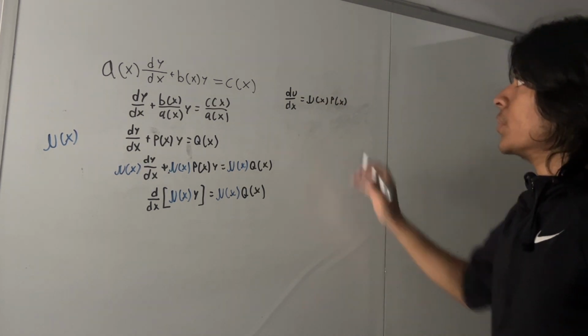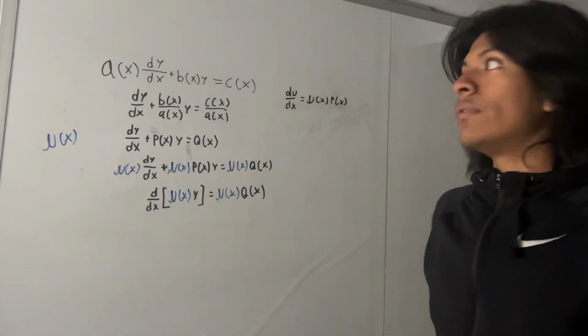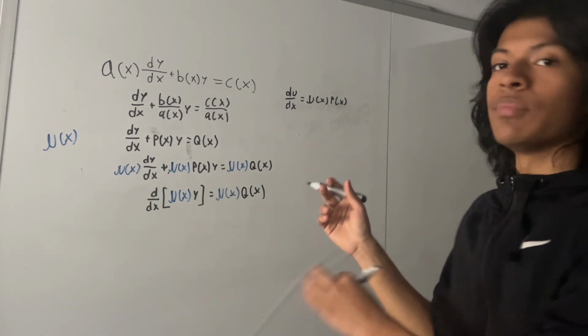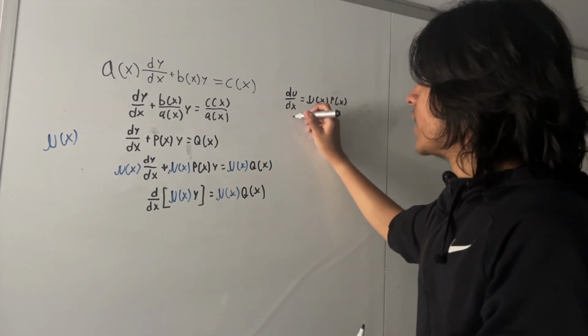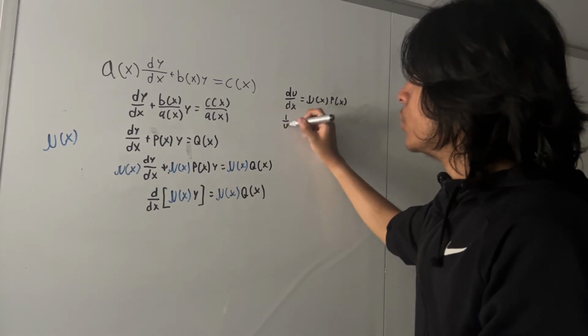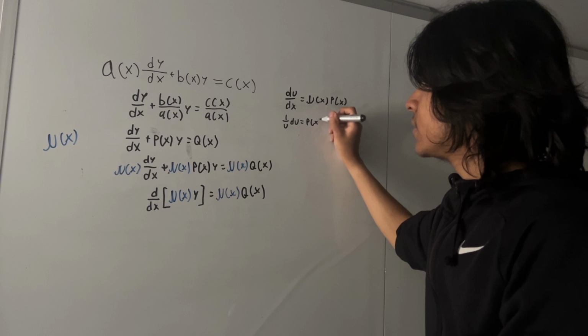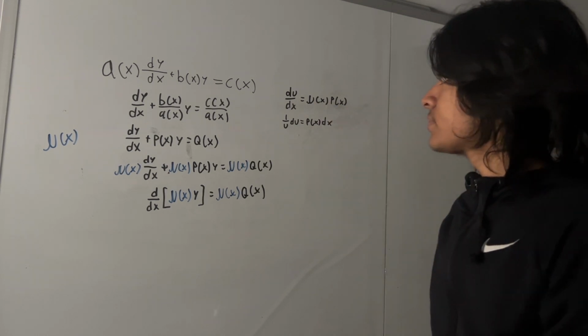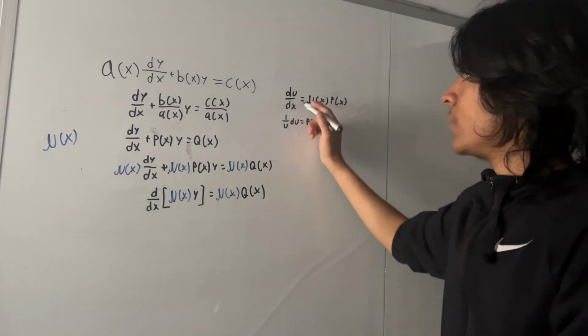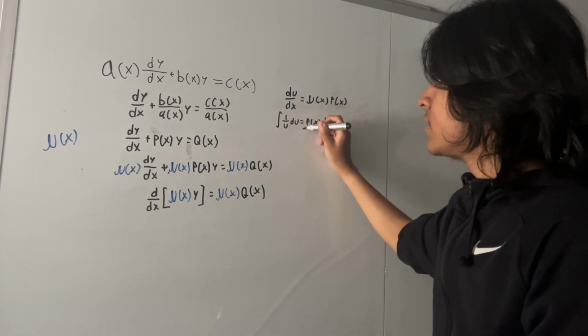So now at this point, what we could do is just solve for u of x. Via separation of variables, we get on the left side 1 over u du is equal to p of x dx. And we can integrate both sides.